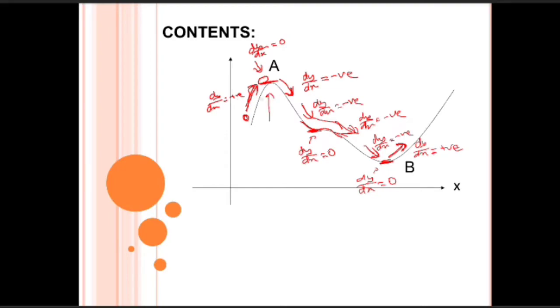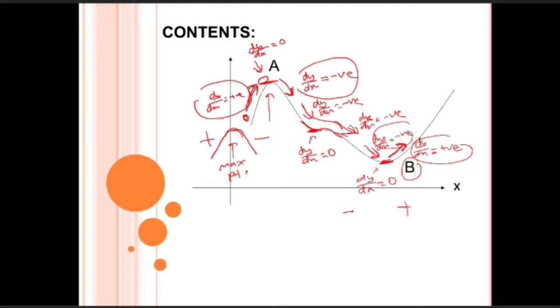At point A, the gradient from the left side is positive and the gradient on the right side is negative, so one line is going up, one line is going down. This is what we call the maximum point. So A is a maximum point. At B, on the left the gradient is negative and on the right it is positive, so the line goes down and then up.